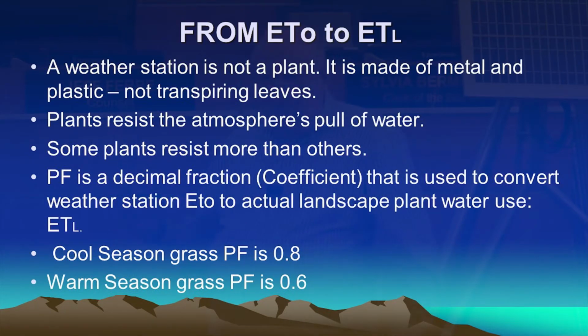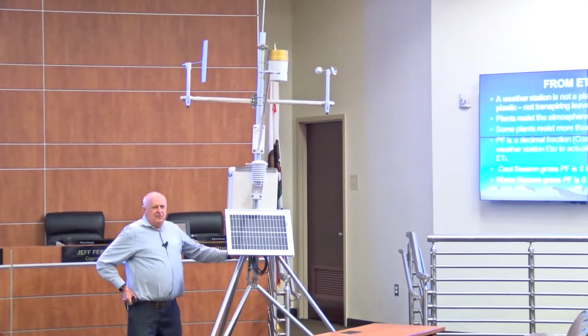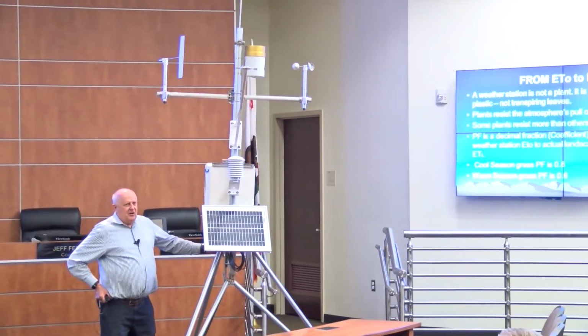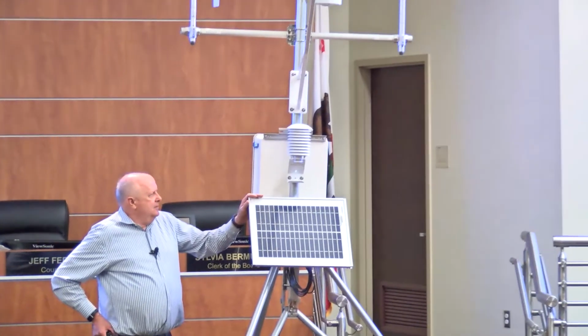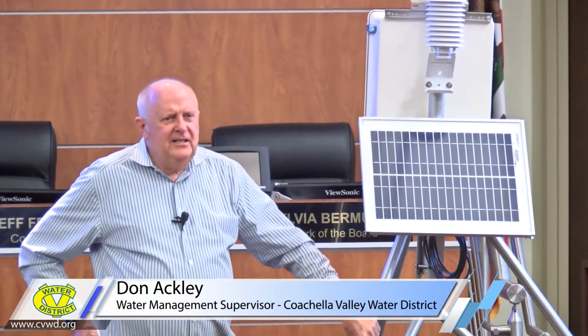Because here's the thing, this weather station here is a great tool. It's got all its sensors and so on. You can buy one of these for about $7,000, plug it in your own backyard if you'd like, but you don't see any green, don't see any leaves.